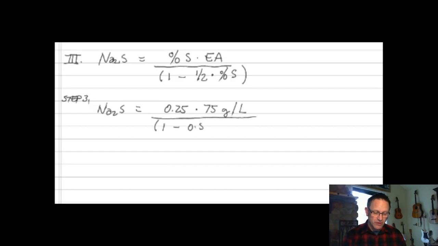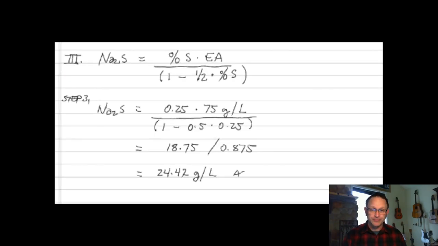That is all over 1 minus 0.5 times 0.25, which is equal to 18.75 divided by 0.875, for a calculated amount of 21.42 grams per liter as Na2O. Remember, it's always in terms of Na2O equivalents.